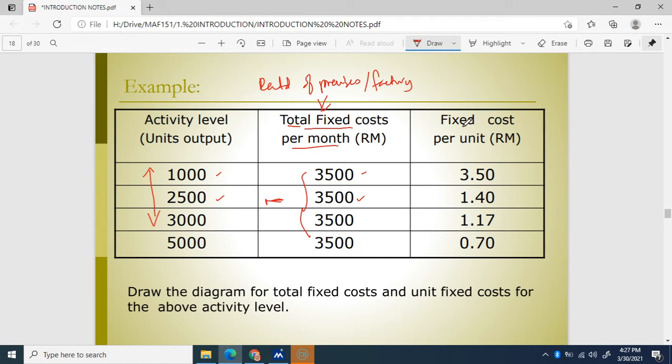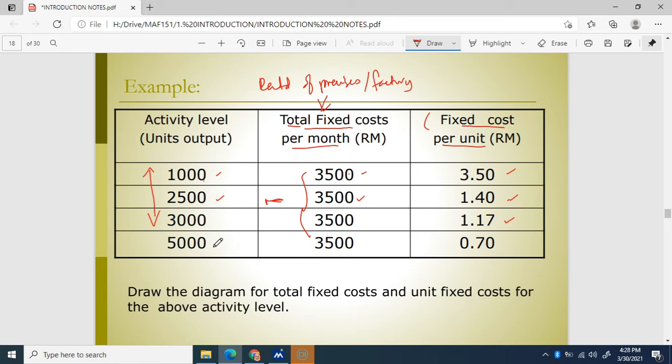How about fixed cost per unit? To get fixed cost per unit, it is the total fixed cost divided by the level of activity. So 3,500 divided by 1,000, you get 3 ringgit 50 cents per unit. For 2,500 units, you get 1 ringgit and 40 cents per unit. 3,500 divided by 3,000, you get 1 ringgit and 17 cents per unit.